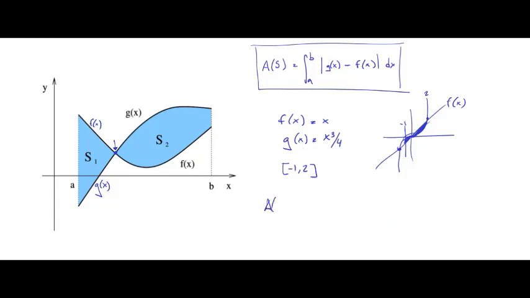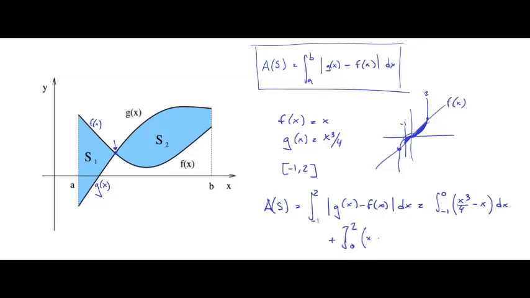So the area is the integral between minus 1 and 2 of the absolute value of g minus f. Because we have evaluated those signs, we can separate this into two integrals: between minus 1 and 0 of x cubed over 4 minus x dx, which is greater than 0, plus the integral between 0 and 2 of x minus x cubed over 4.